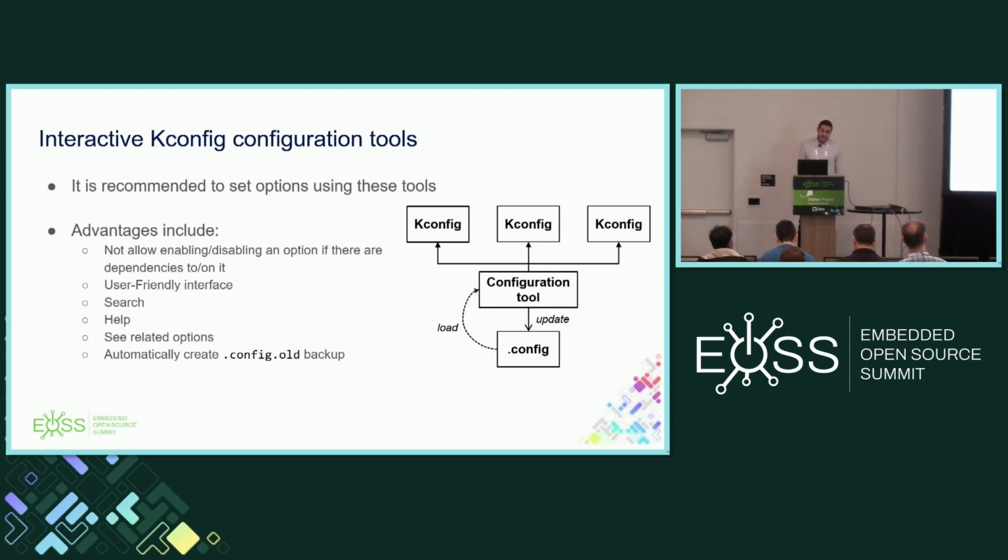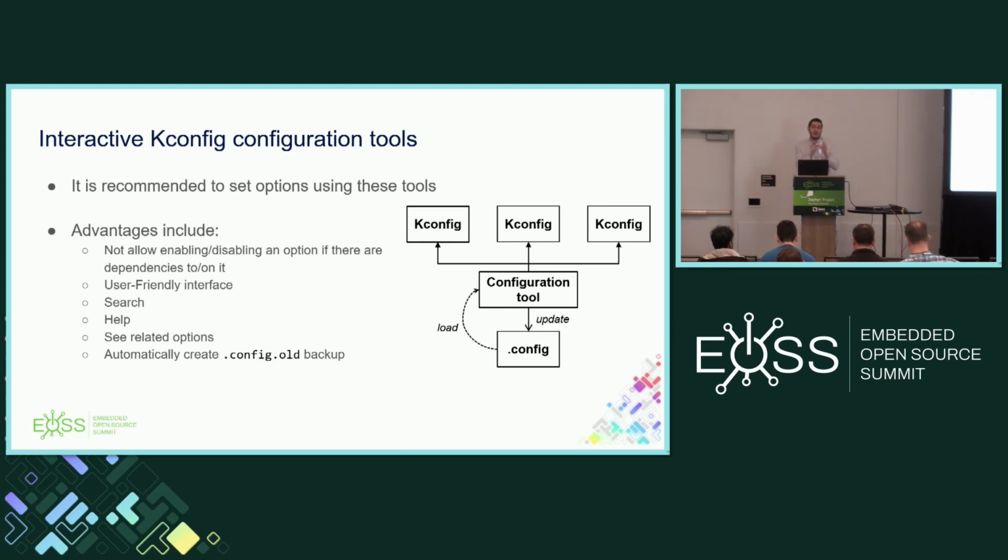It has a user-friendly interface, also used on other projects. We can have search functionality, something very powerful. You can search for what you want, and not only search for it, you can also see the help of each option. Each option has a help description that will tell you exactly what it does, so you don't need to go to the documentation each time to verify what this option can do. You can also see related options.